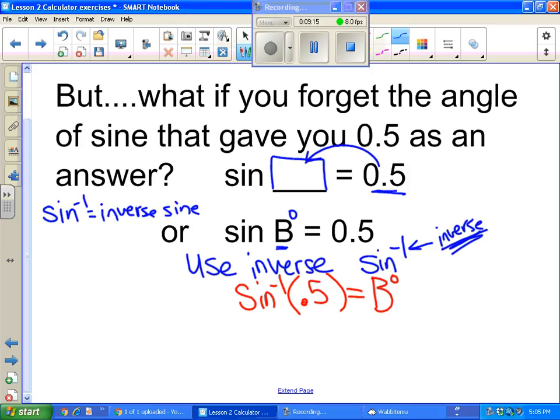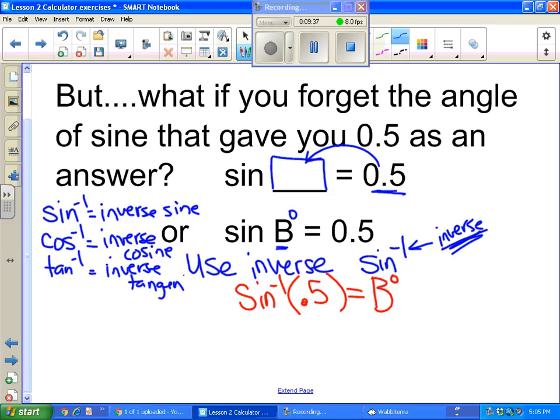It does not mean sine to the -1 power where you would move the sine downstairs. No. It works differently with sine, cosine, and tangent. Cosine to the -1 means inverse cosine. All right. And tangent to the -1 means inverse tangent. All right.